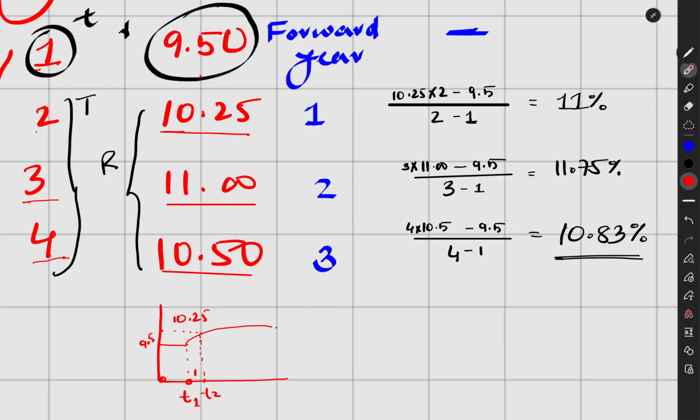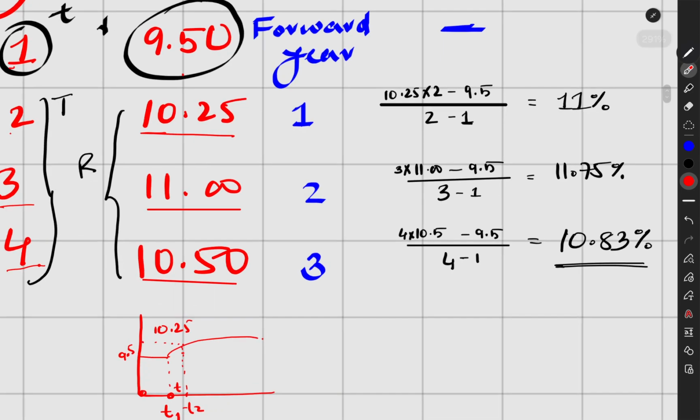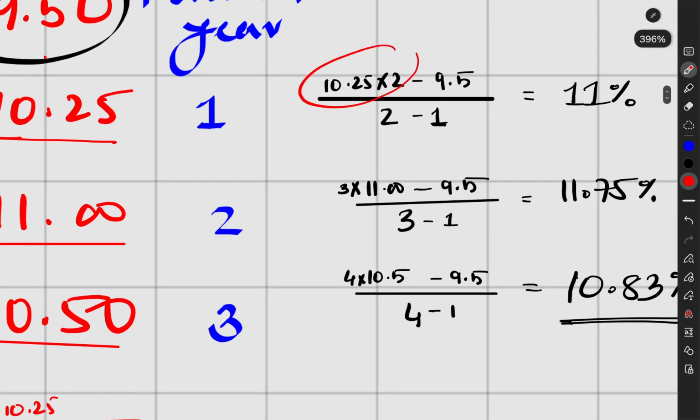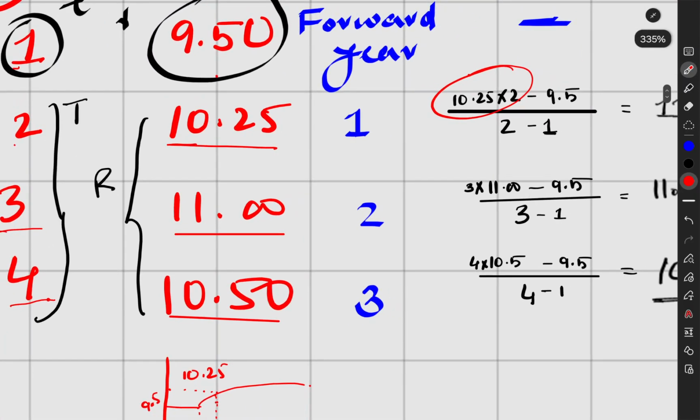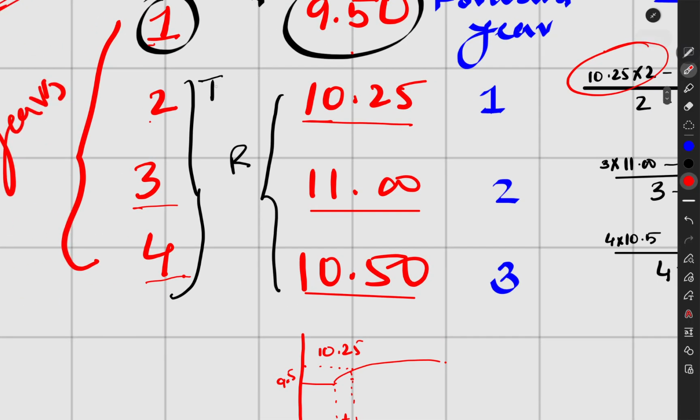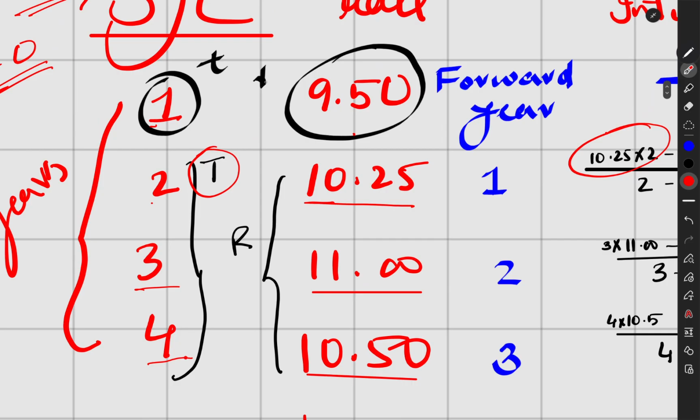How do I estimate what would be the 1 year rate at T2? You can see the capital letter T starts after small t, and capital letter R starts after the small letter r.